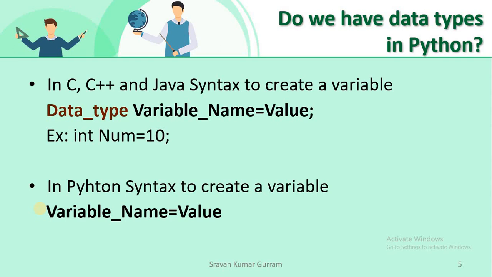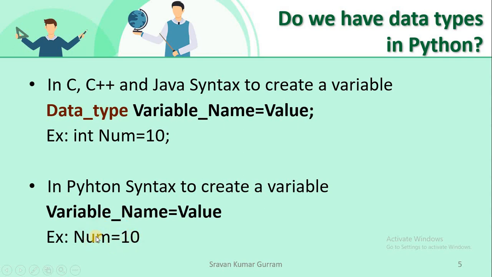That is the reason so many people may get the doubt that there is no data types concept. We are not writing the data type before that variable name explicitly, but internally for every data there is a data type. See the example in Python: variable name, assignment, value: number equals 10. Here I am not specifying the data type externally, but internally the PVM knows the data type of this variable depending on the value you are storing.